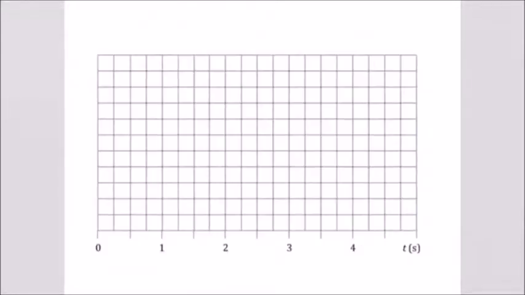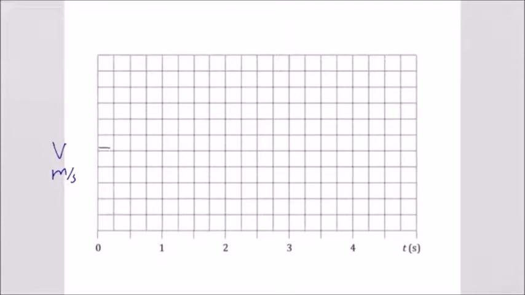So first of all, let's graph the 0.6 kilogram cart. It was moving at a constant velocity of 20 meters per second, and it did that for the first 2 seconds. So let's make each one of these lines on the y-axis be 2 meters per second. So this is going to be velocity in meters per second. So let's say it's 2, 4, 6, 8, 10.